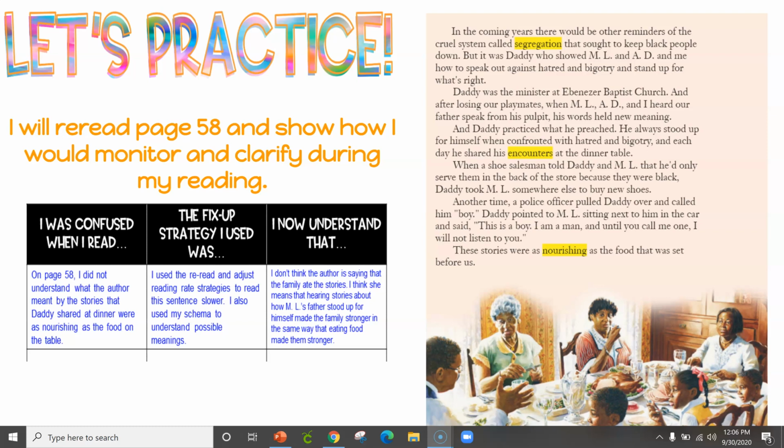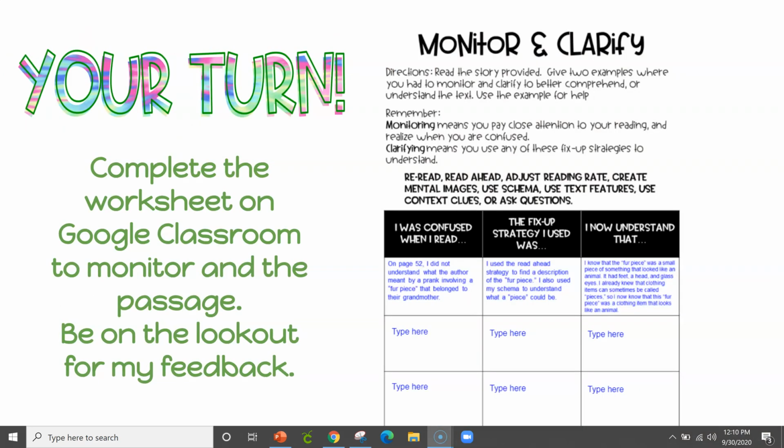But I think what the author means is that hearing the stories about how ML's father stood up for himself made the family stronger. Didn't fill them with nutrients, but filled them with strength, in the same way that eating food could fill you with nutrients to make you stronger. That makes more sense. So now it is your turn.